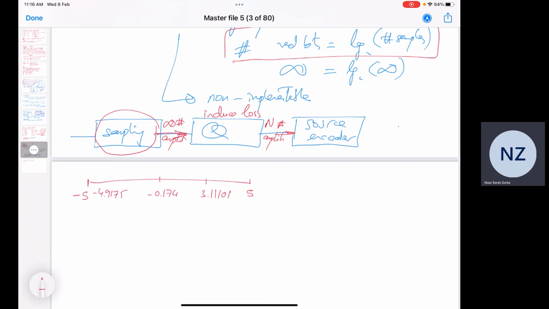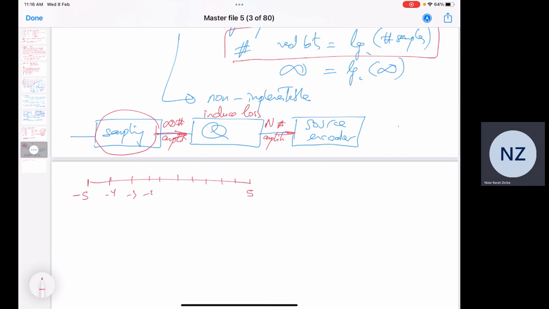What I will do is divide all the values into 10 intervals. So between -5 and -4, -4 to -3, -3 to -2, and so on.